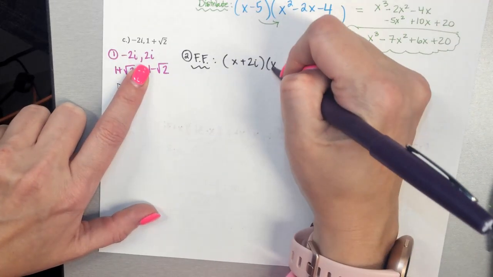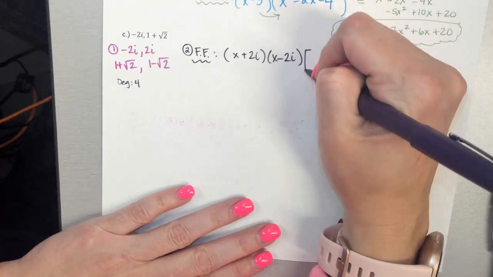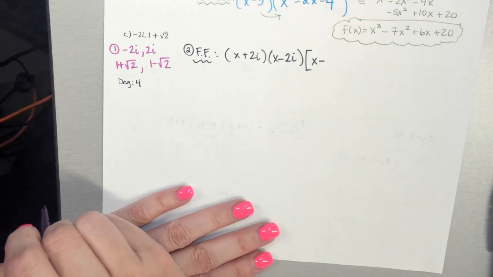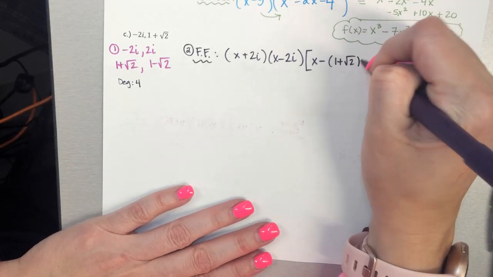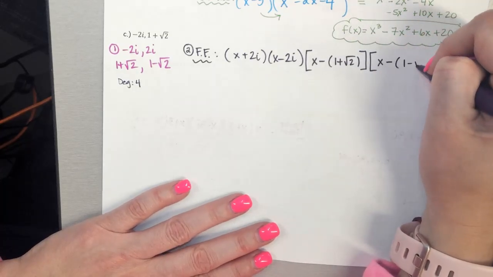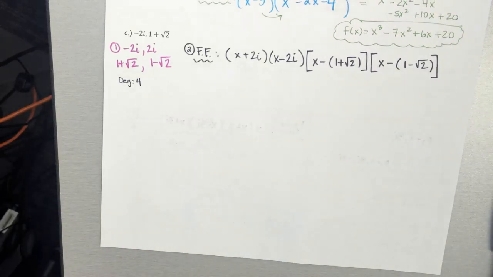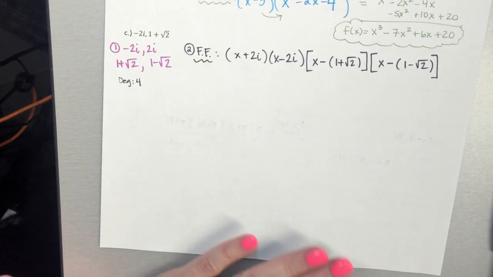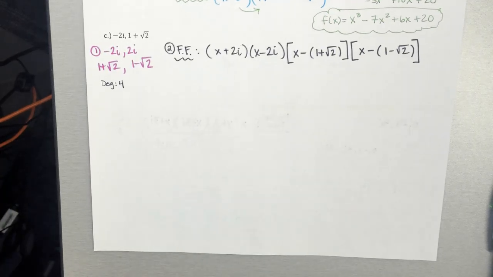And then here is just minus your 2i. Okay, if it's a binomial, you need your brackets. So x minus (1 plus root 2). Okay, x minus (1 minus root 2). Okay, the factor is always x minus, and then we simplify. It's only going to change to plus if that's what happens when you simplify.